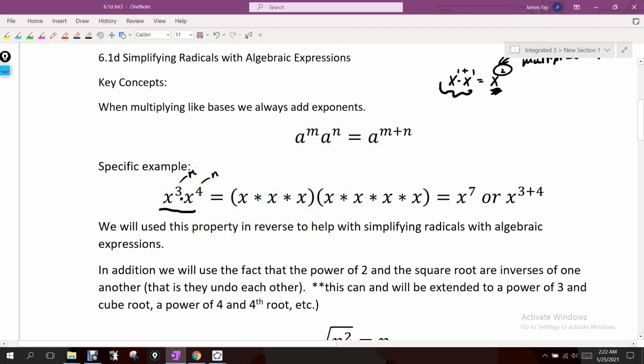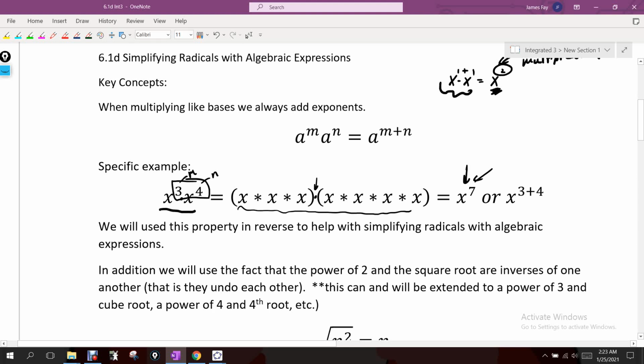Now I've got x being multiplied by itself 7 times, so I can rewrite that as x to the 7th. How do I get that 7? That 7 was the sum of that 3 and 4.